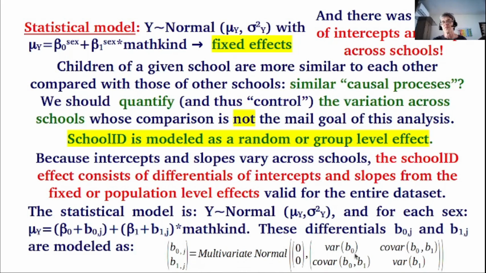Some values of these differentials of slope and of intercept are going to be negative, some are going to be positive, that is, some are going to be smaller, some are going to be larger than the population level effects. And this covariance here is because these differentials of slopes and intercepts are likely to be correlated with each other.